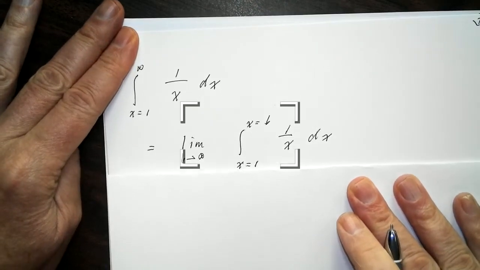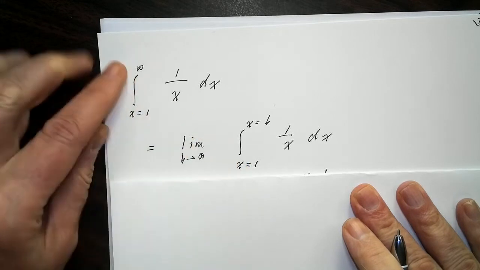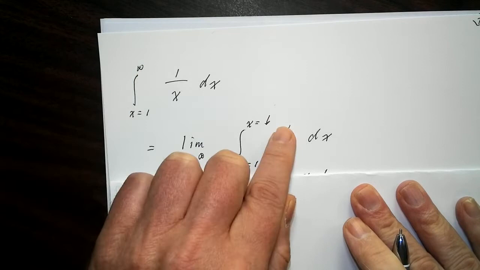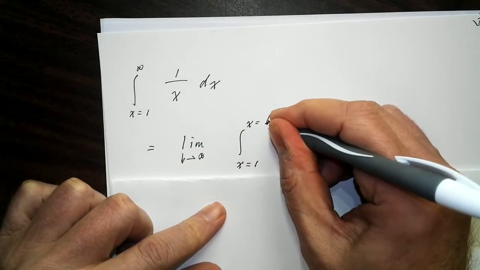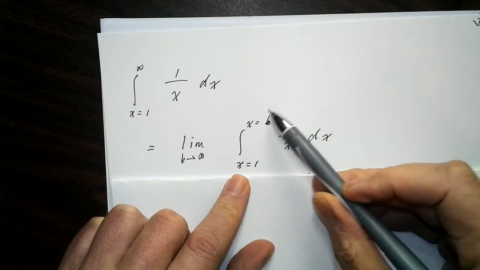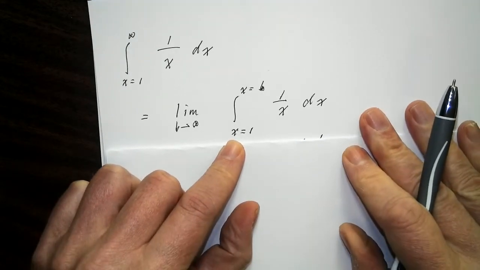The first thing we do is we write our improper integral as a limit of proper integrals. So I'm going to replace this upper endpoint infinity with, let's say, a b. It doesn't really matter what letter you use here. I'm going to just use a b though. So now we need to evaluate this integral, and it's going to give us a formula in terms of b.